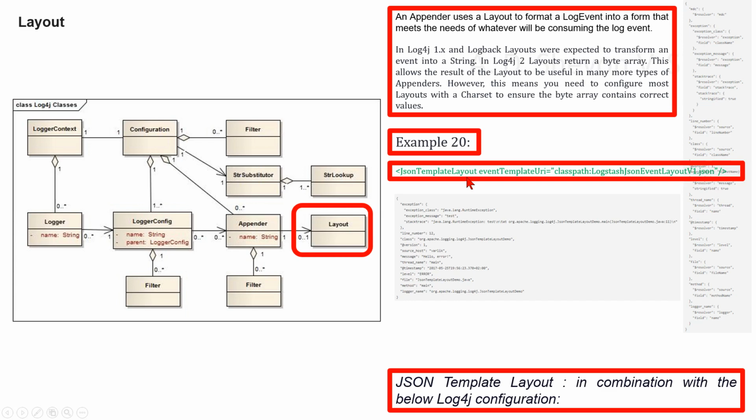For instance, given the following JSON template modeling the official Logstash JSON event layout version 1 here, in combination with the Log4j configuration below, the JSON template layout will render JSON documents as follows.